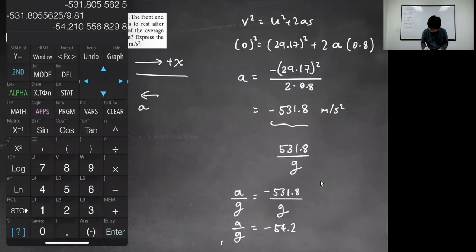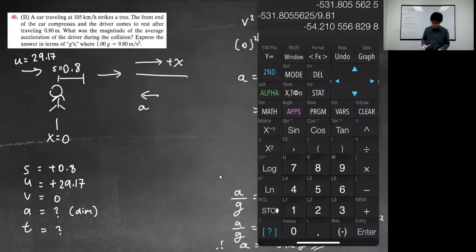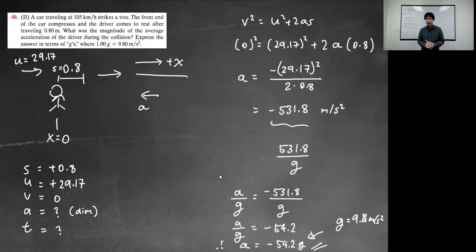And that means therefore A is minus 54.2 G, okay? The G already includes the meter per second square, so I don't have to be redundant and write an extra one. So you always hear people just say how many G's, right? You don't need to write meters per second square like that. All right, 54G in the negative direction, that's a lot, right?